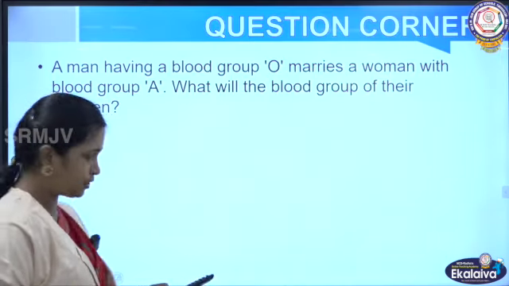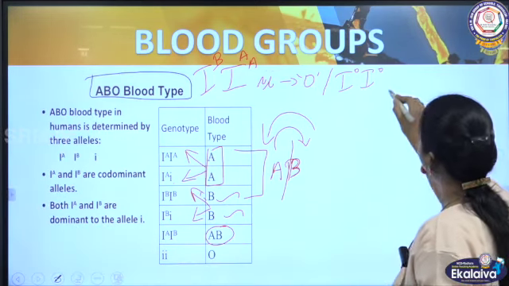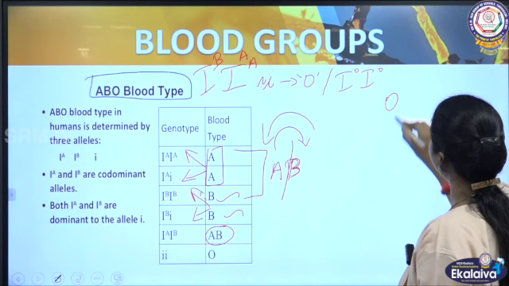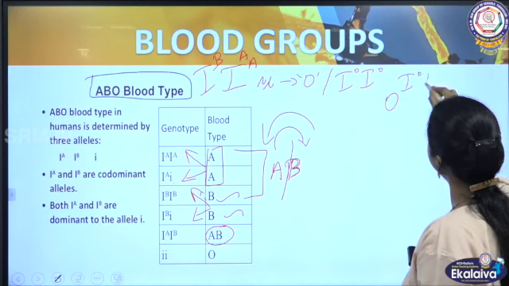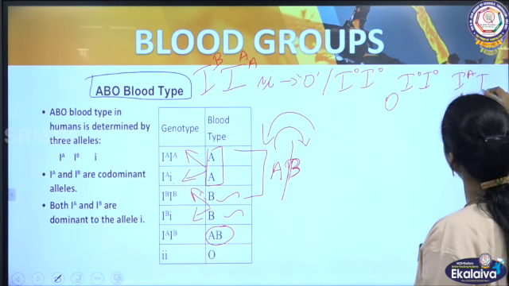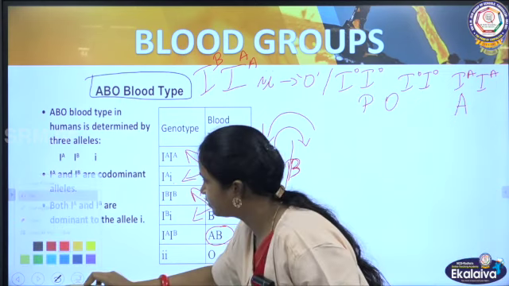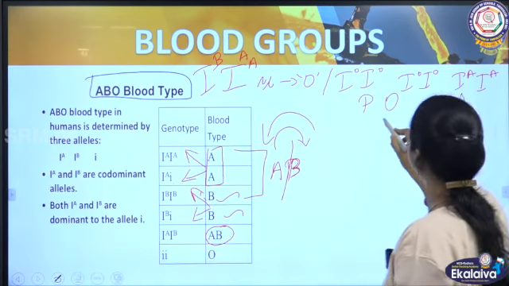Okay, we'll solve one question. Before that, one example I'll tell you. If a person is O blood group with the genotype IO, and another person with A blood group, IA IA, this is the parents.